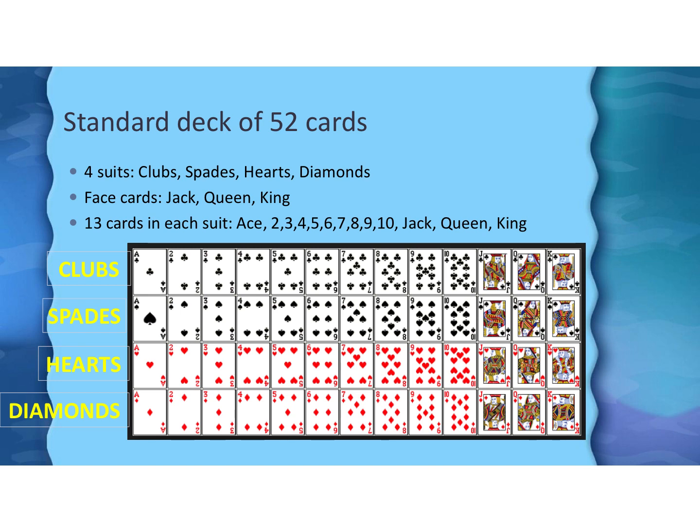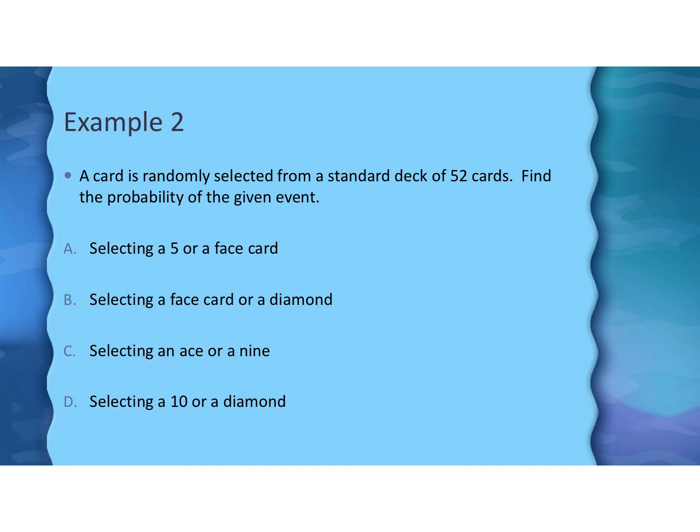So for here, it says a card is randomly selected from a standard deck of 52 cards. Find the probability of the given event. So there's 4 separate questions here. So what we need to do is understand what a deck of cards looks like, because I need to decide, am I working with overlapping events or am I working with disjoint or mutually exclusive?